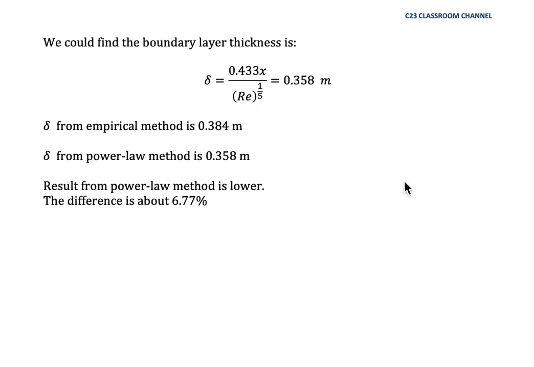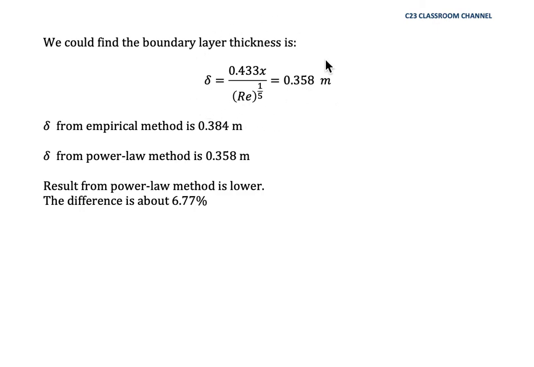After equating both shear stress values, we integrate both sides, and finally we simplify that delta is equal to 0.433x over Reynolds number to the power of 1 over 6. Then we substitute the Reynolds number and x, and we get that delta is equal to 0.358 meters.